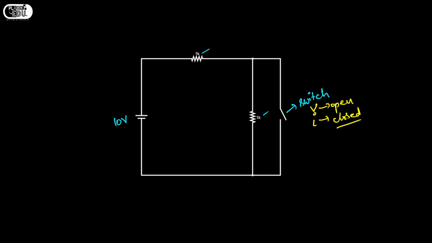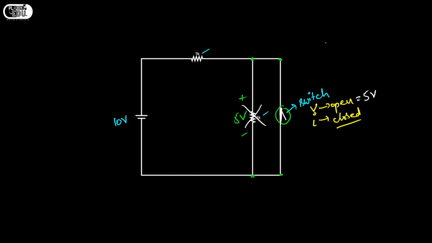Now the switch is open, right? The voltage across it will be the voltage across these two terminals, right? The voltage across these two terminals will be voltage across this 1k resistor, which is nothing but 5 volts. So here the voltage across the switch when it is opened is 5 volts, and the current through it when it is closed, the 5 volts or this 1k should be discarded.